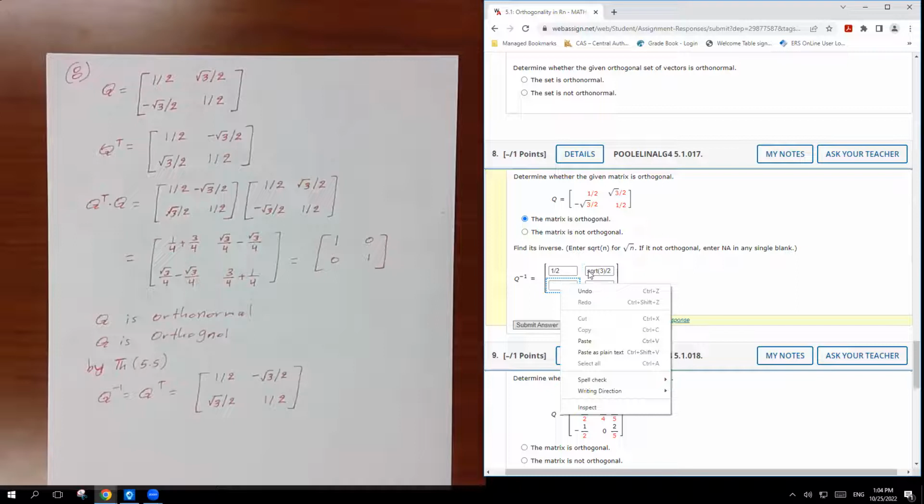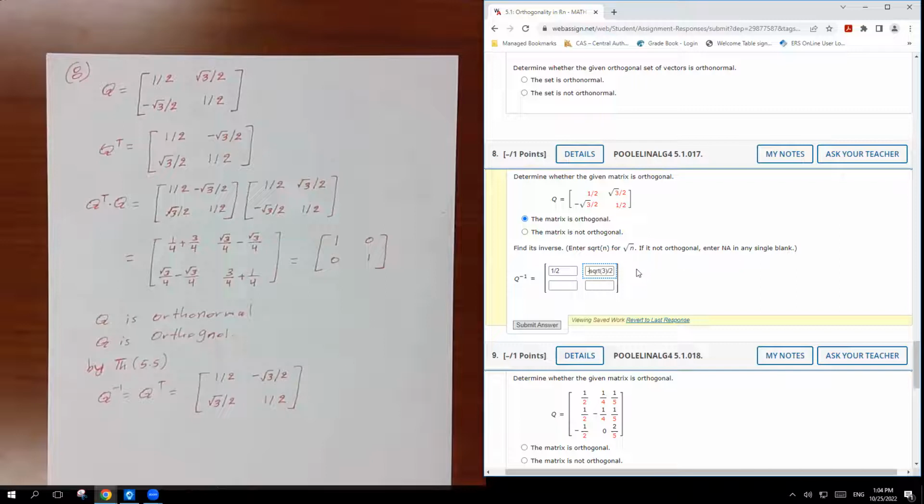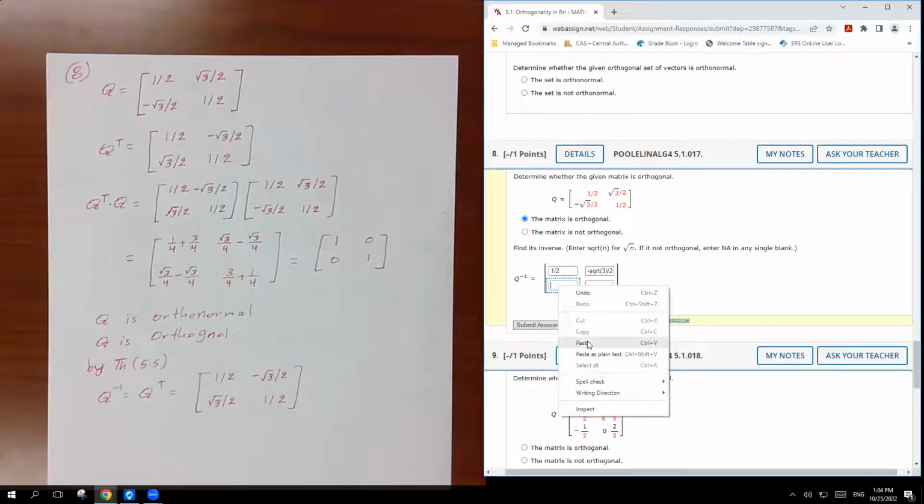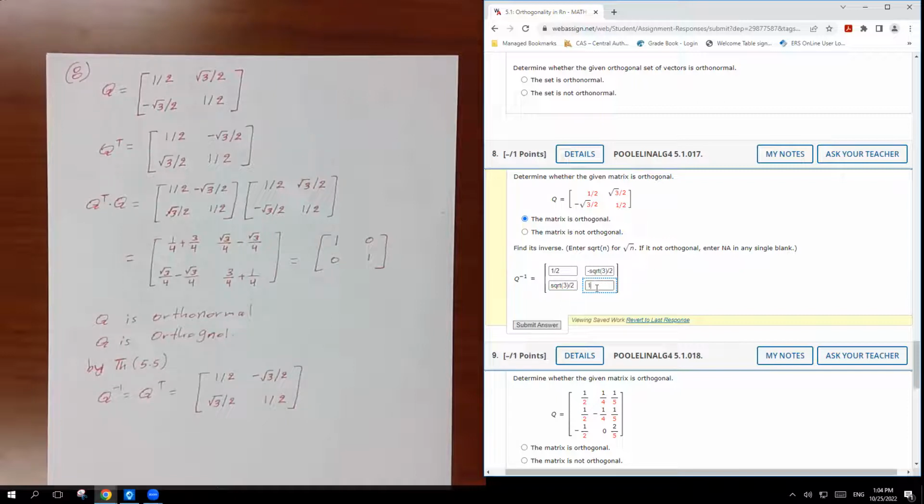And wait a minute, how are we going to type the negative? So it's negative. And here is the same thing, but it's positive. Divided by 2. And here is 1 divided by 2. Let's check that. It's SQRT, yes.